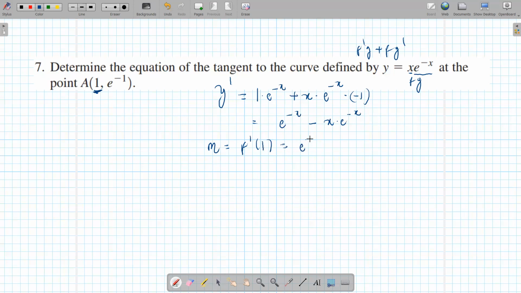So it's going to become e to the negative 1 minus 1 times e to the negative 1. So you get e to the negative 1 minus e to the negative 1. These are like terms. You get a 0. What does that mean? We got a slope of 0 here.